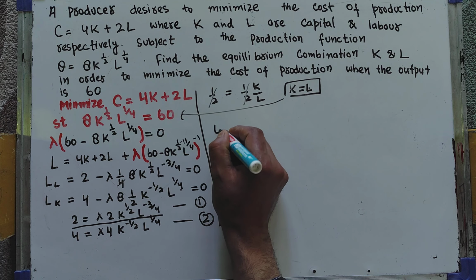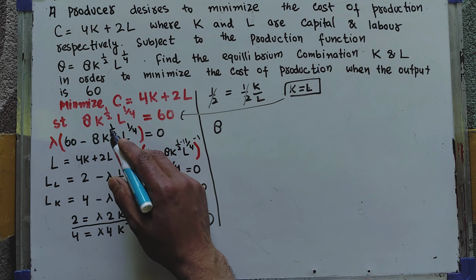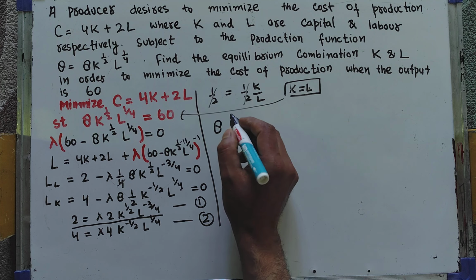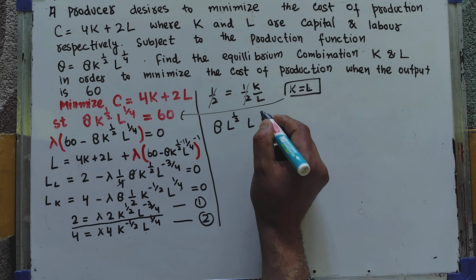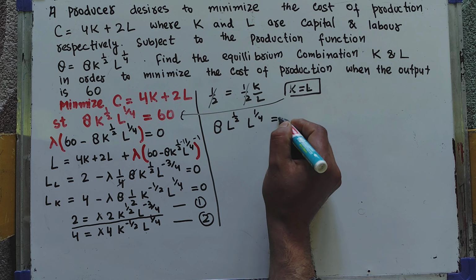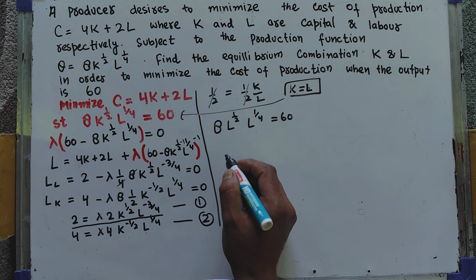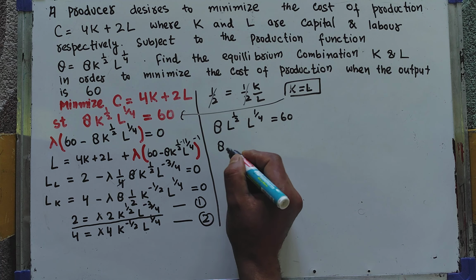Now we plug k equal to L into the production constraint. We have 8, and in place of k I write L, so we have L raised to the power 1 upon 2, then L raised to the power 1 upon 4 is equal to 60. Again bases are the same, we can add the exponents.